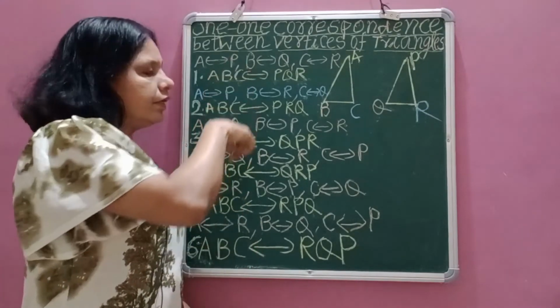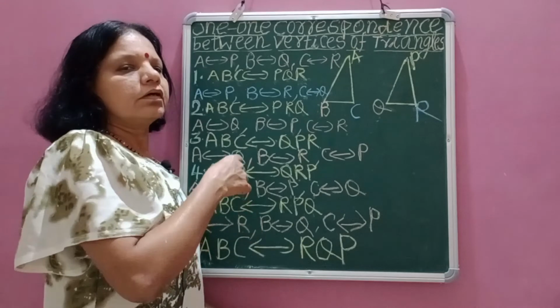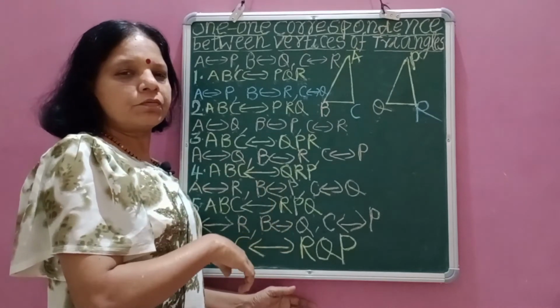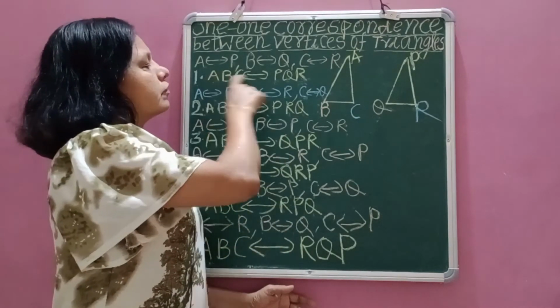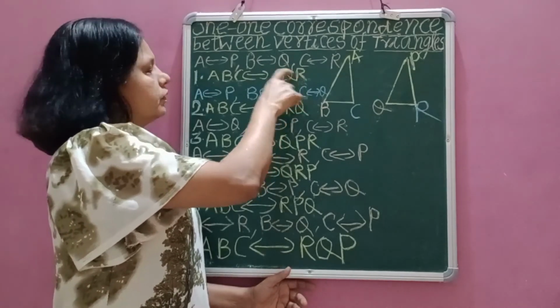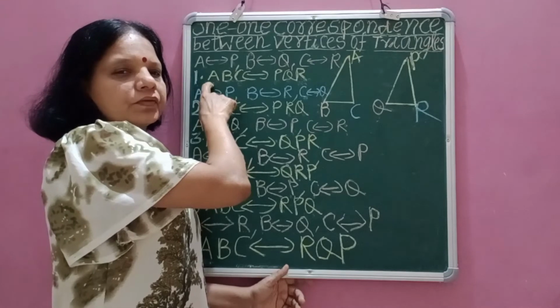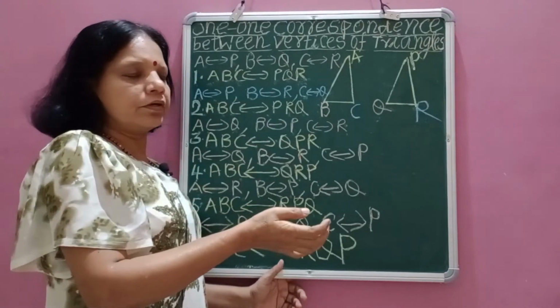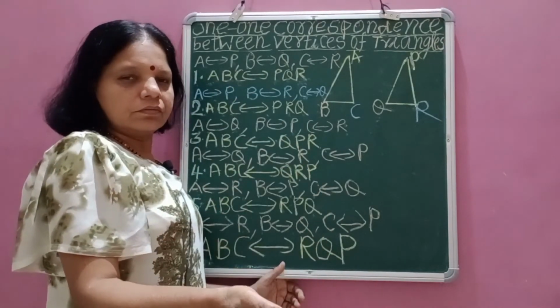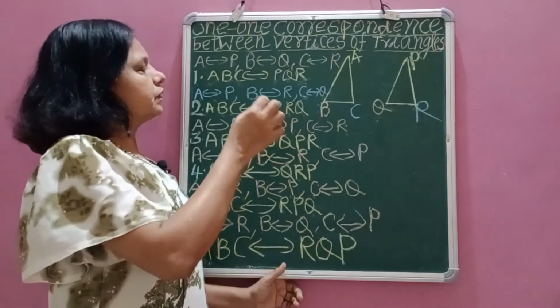It is very easy to get the corresponding sides and corresponding angles when the correspondence is given. In order to get the corresponding angle, whichever vertex corresponds to a vertex of the other triangle, take the same angle.